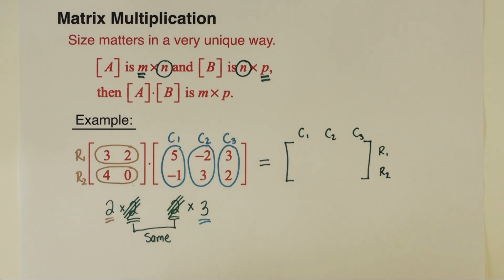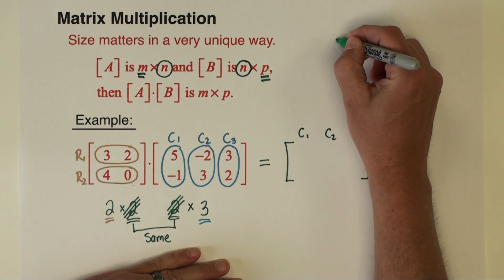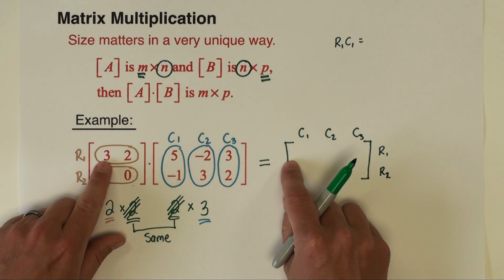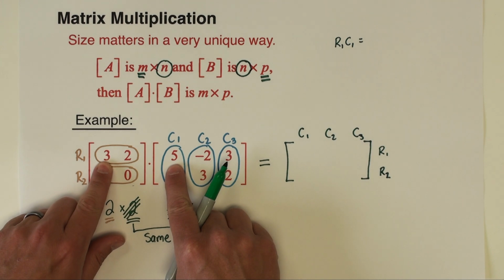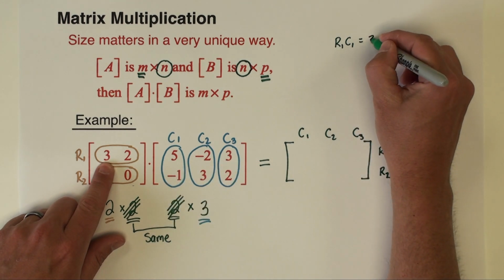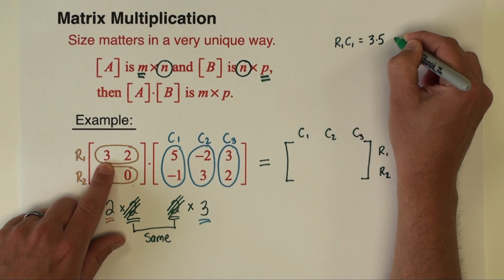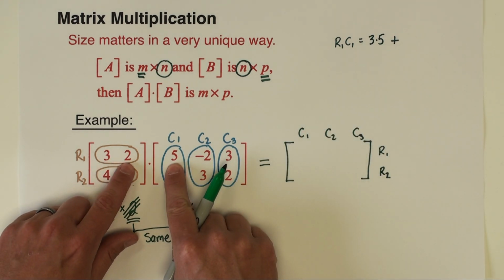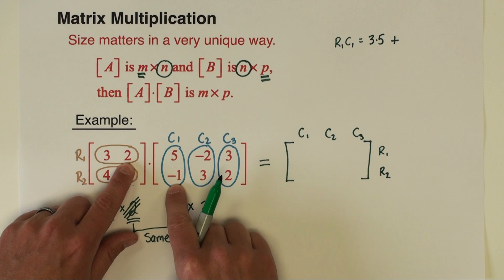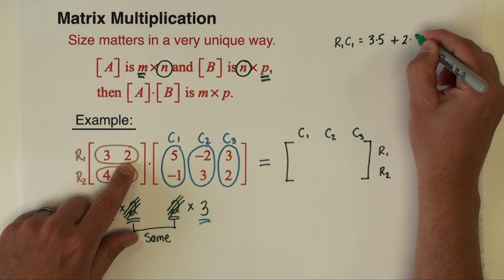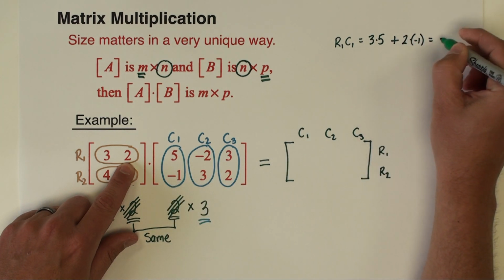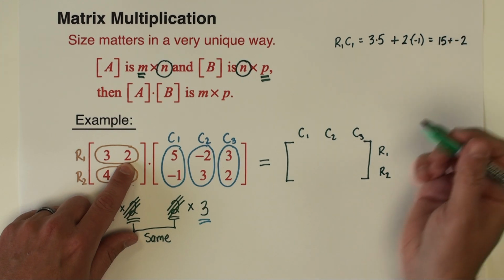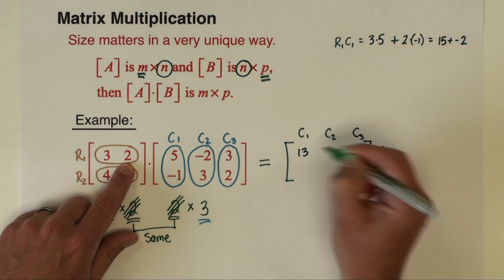For row 1, column 1, I'm going to take the first entry of each row and column, 3 and 5. I'm going to multiply those together, and then add to that the product of the second number of each of those, which are 2 and negative 1. So that's going to be 15 plus negative 2, which is 13.